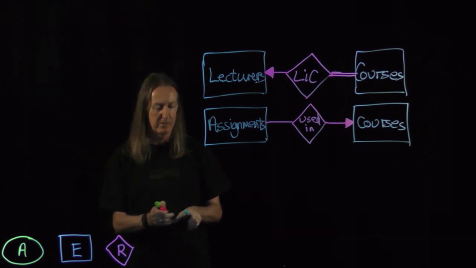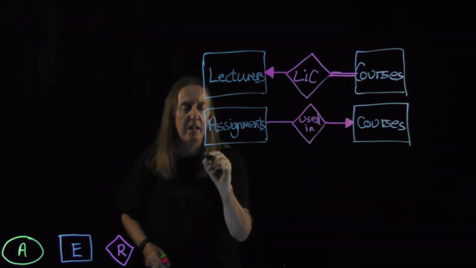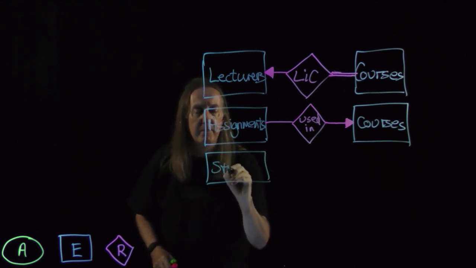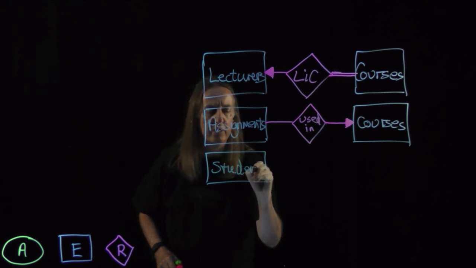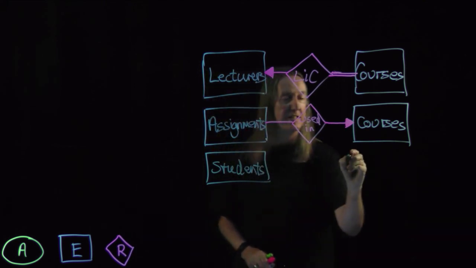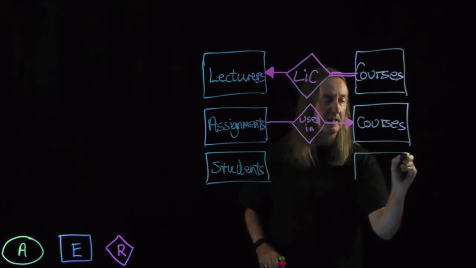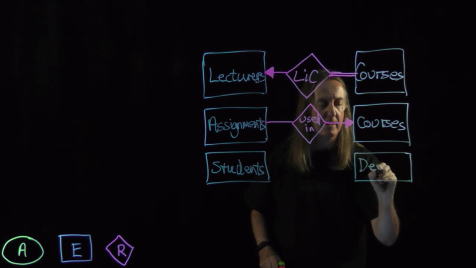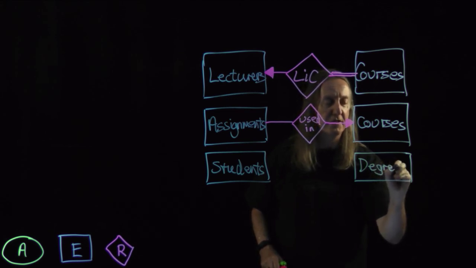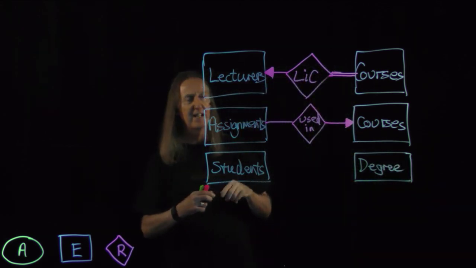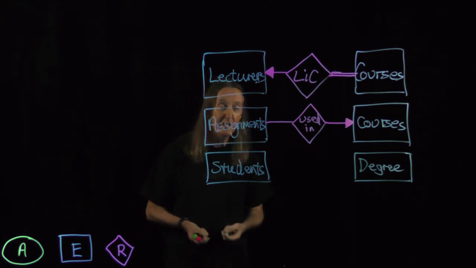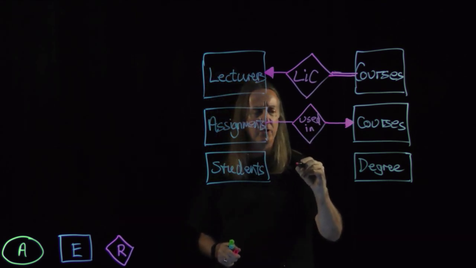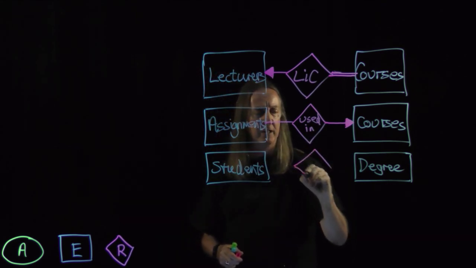Right, next we've got students and degrees. So each student is enrolled in a degree. Now, each student is going to be enrolled in one degree at a time, but it's quite likely that over the course of their lifetime, especially these days, students seem to take more than one degree.